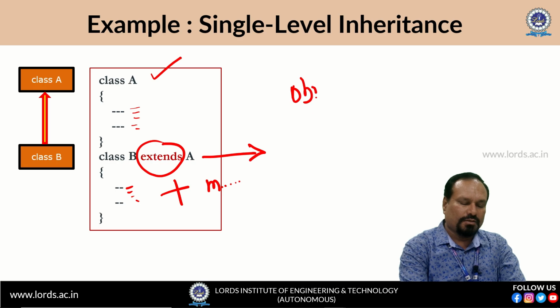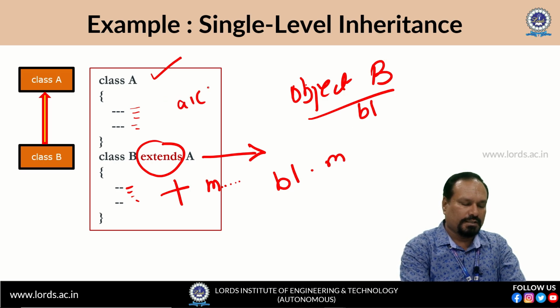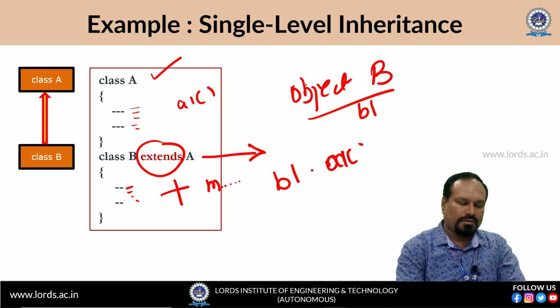If I create an object of class B, let us say B1, then by using B1, I can access all the methods of the base class, let us say method A1, and the derived class method, let us say B2.